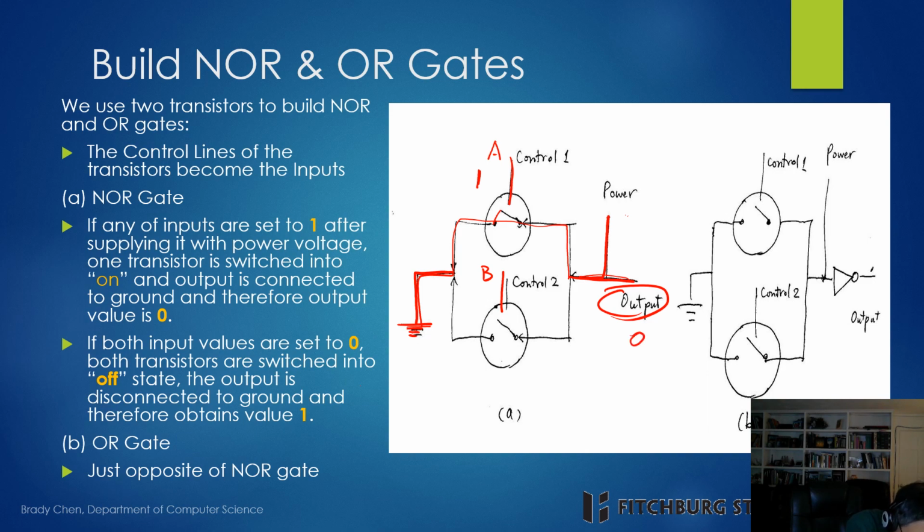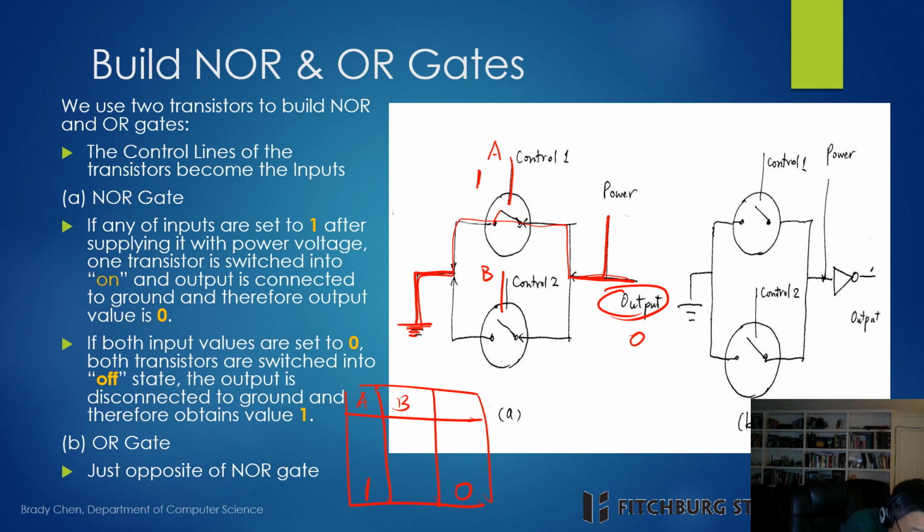So here's what happens with A and B. If the value of A is 1, then the output is going to be 0 because it's grounded.